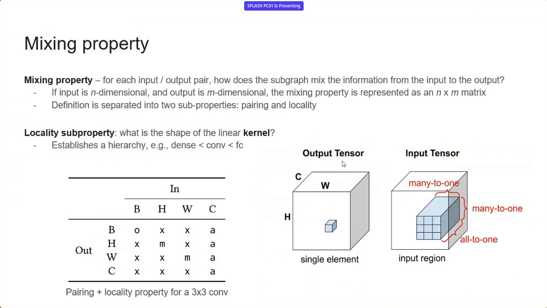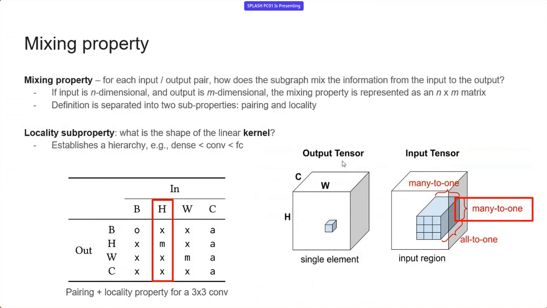As before, what we're going to do is look at a pre-image, but this time we're looking at the pre-image of a single element in the output tensor. The first thing we do is put an x anywhere the pairing was 0. Then there are 3 other types of symbols here. The m stands for many to 1. We see that the input tensor has a many to 1 relationship in the height dimension here.